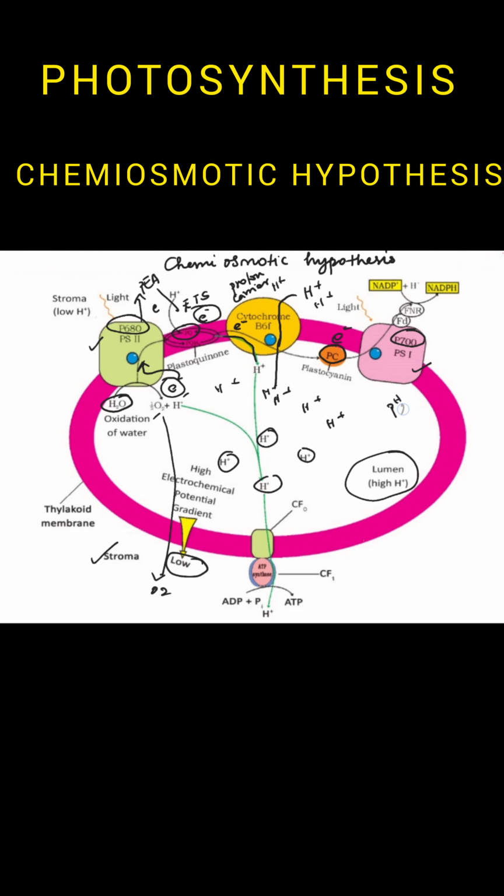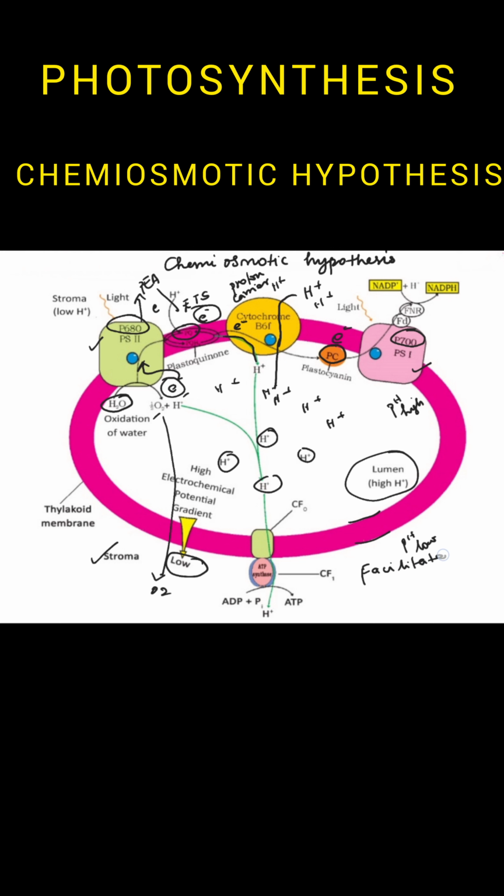The pH inside becomes low, whereas in the stroma region the pH becomes high. Now the high concentration of protons should come out from the lumen to the stroma region. The membrane does not directly allow the passage of protons, so it should be carried out by facilitated diffusion.